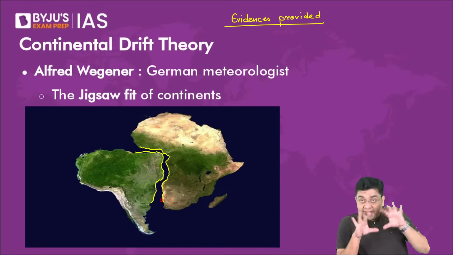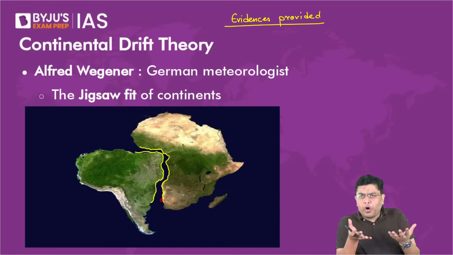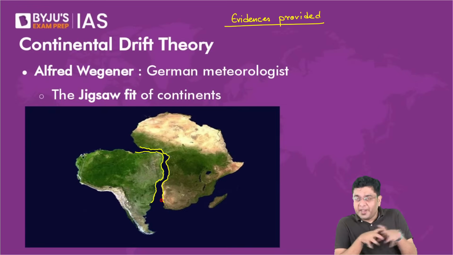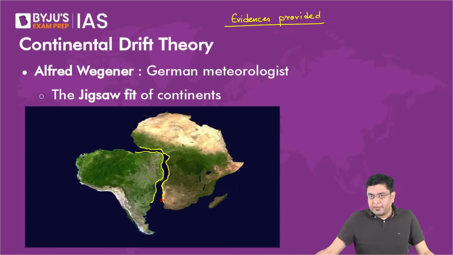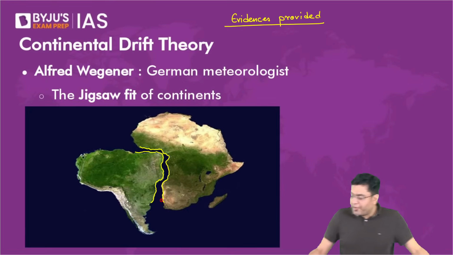I'm sure all of you would have played with a jigsaw puzzle in your childhood days, where you arrange various puzzle pieces and get a larger picture, isn't it? So when he took a look at the continents, they appeared to make a jigsaw fit, where if you remove the water body in many of these areas, they would have the same shape. Now, how is it possible? So, this was the first inkling that he had, the first evidence that he provided.